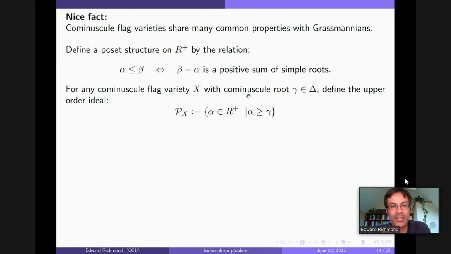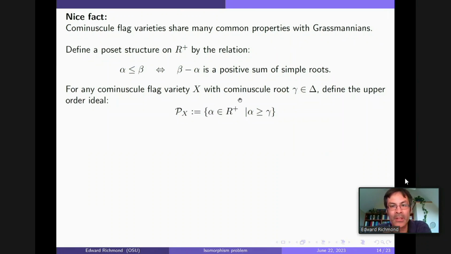So to let you know about how we get this partition style indexing set for Schubert varieties, we're going to define the following. We're going to look at the set of positive roots. And we're going to say one positive root is less than another if their difference is a positive sum of simple roots. I'm not requiring a minus b to be a positive root itself, just that it's a sum of simple roots.